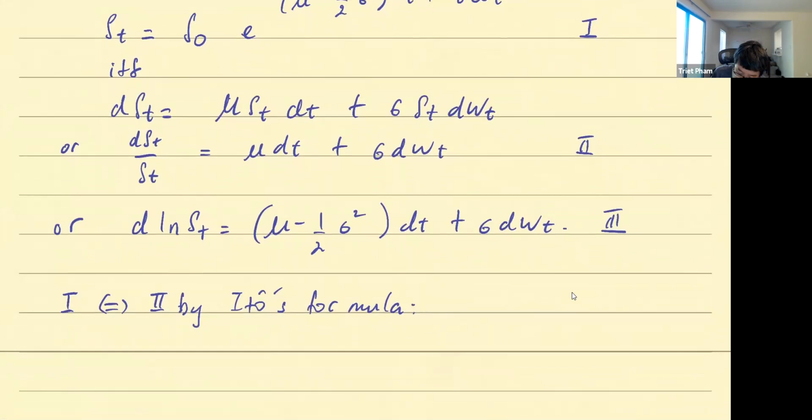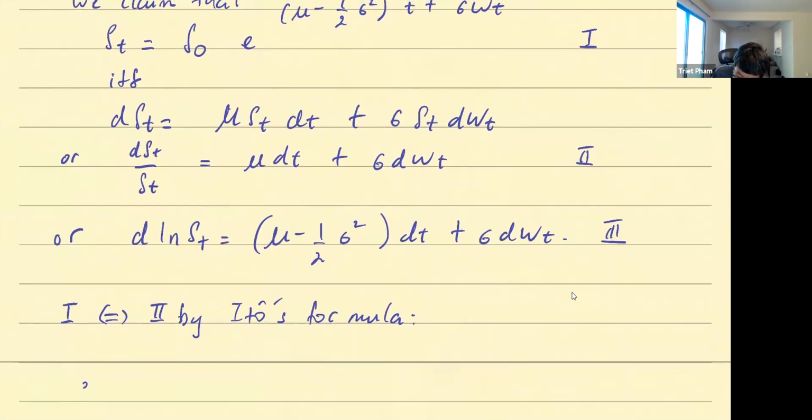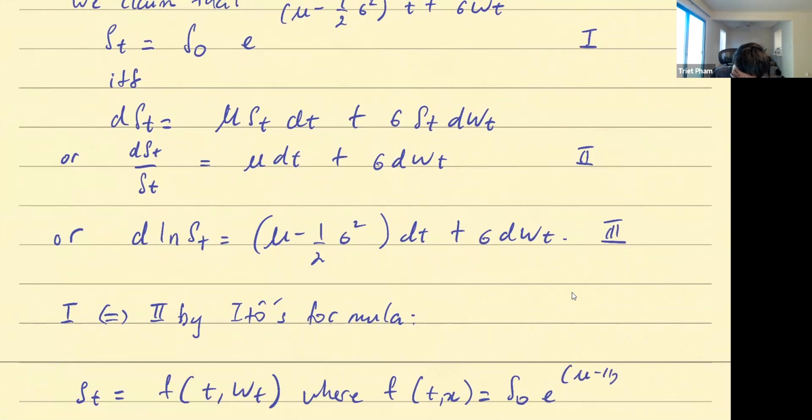And so for that matter, let's view S_T as a function of T and W_T, where this function will be S0 e to the mu minus 1/2 sigma squared t plus sigma times x. So the t shows up right here, and the x term, which is the Brownian motion term, shows up there.